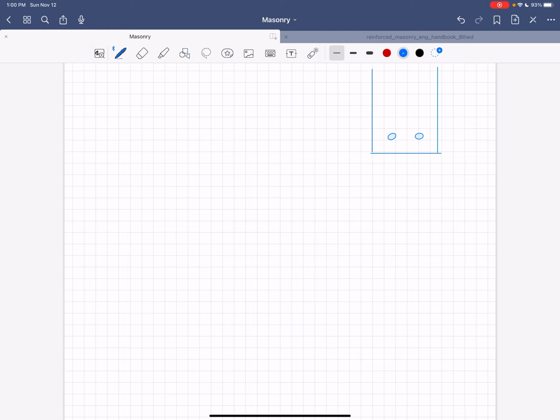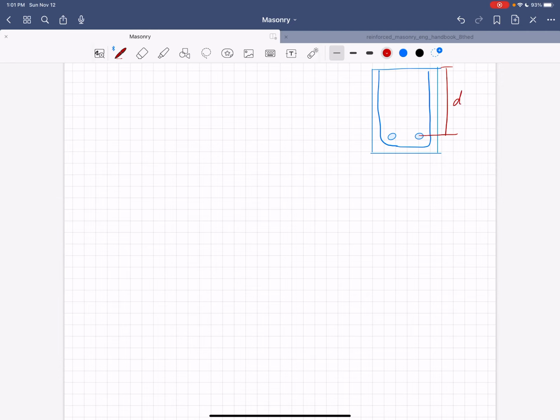So I've got some wall thickness. Come around here and up. It's a U-shaped beam. These are my rebar. So I'm going to have a d value that goes from here to here. What do I need to know?